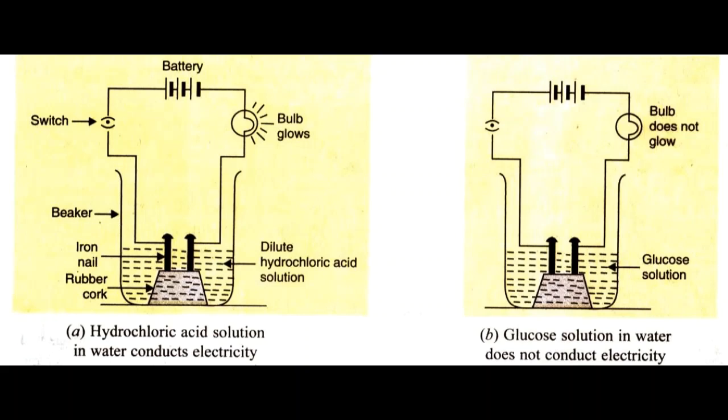So when we connect a battery and a bulb in the water solution, the bulb glows in the acid because the hydrogen has dissociated. But glucose is soluble in water, yet it has no dissociable hydrogen, so it is not an acidic solution and the bulb does not glow here. This is one of the shortcomings of Arrhenius acids.